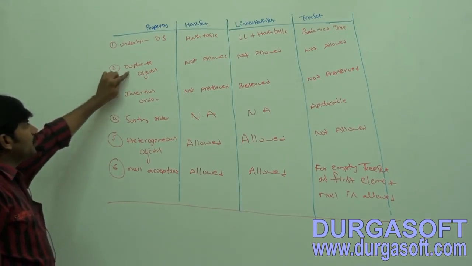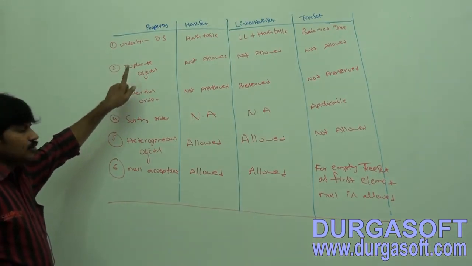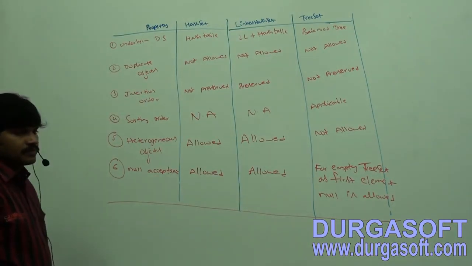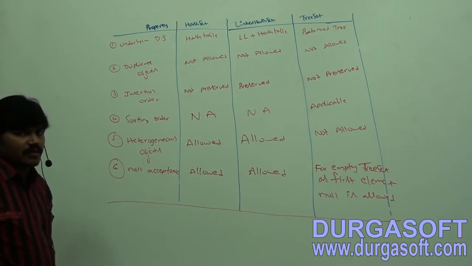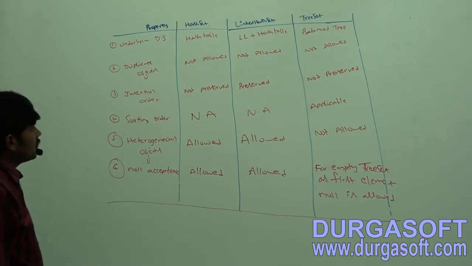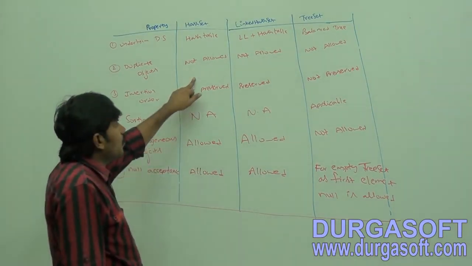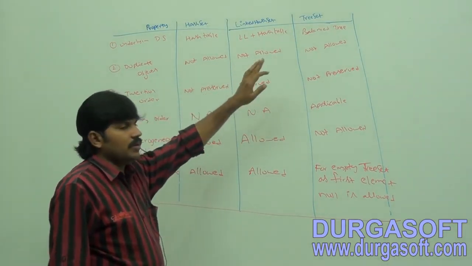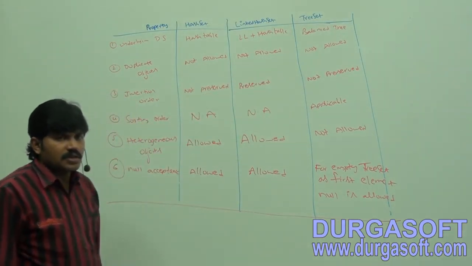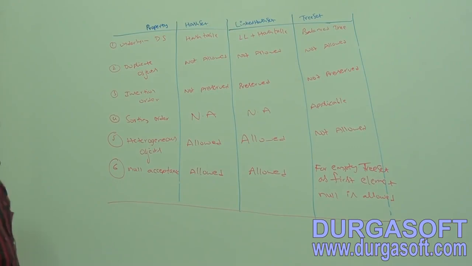Next, duplicate objects. What about a hash set? Allowed or not allowed? Not allowed, because in every set duplicates are not allowed.